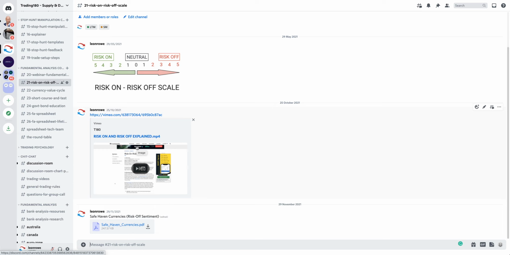Whereas risk off refers to an environment where there is fear, uncertainty, and doubt in the market, and traders and investors will then try to put their money into safe haven assets. They're not really concerned with trying to make money as they are with protecting what they actually have. So they're not looking for higher yielding, riskier trades. They're looking for more asset protection.